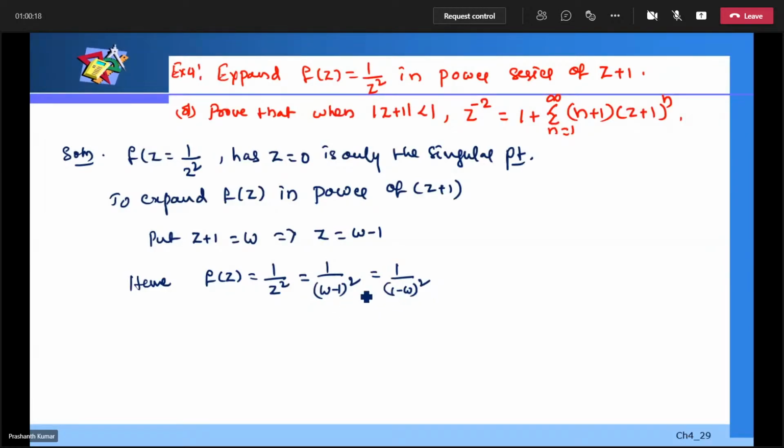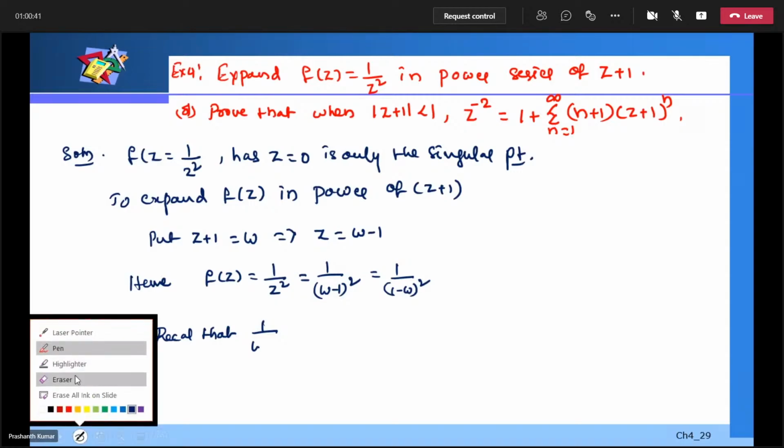So you take negative common, but whole square is there, therefore you will get positive. Therefore 1 by 1 minus w whole square I am writing. So from this one we recall, what is 1 by 1 minus w expansion, Maclaurin series expansion.